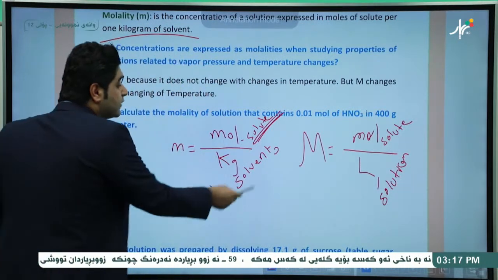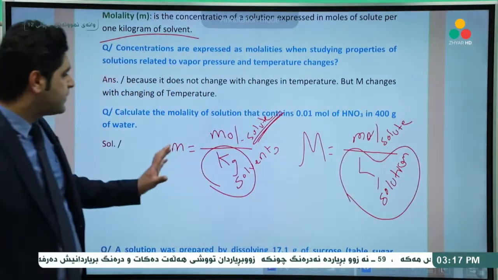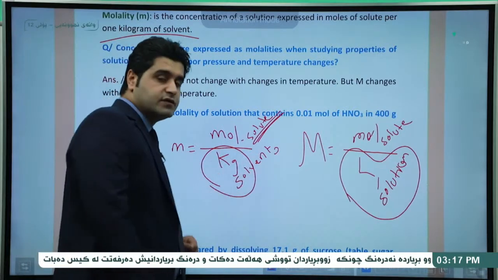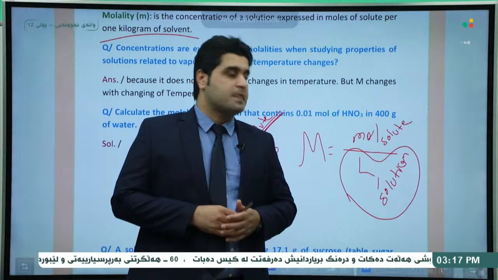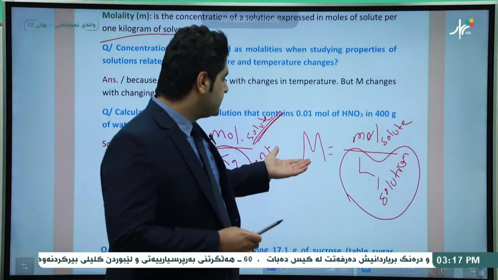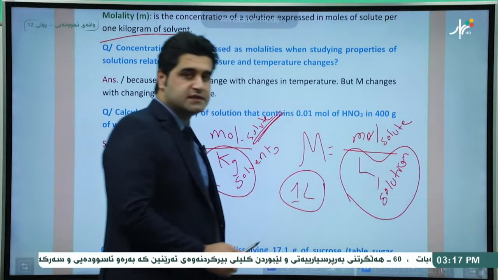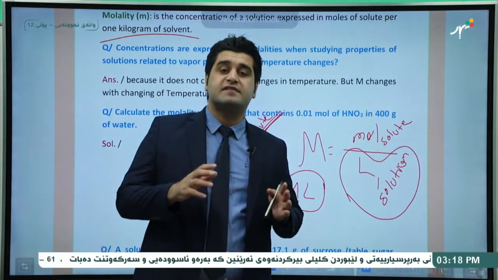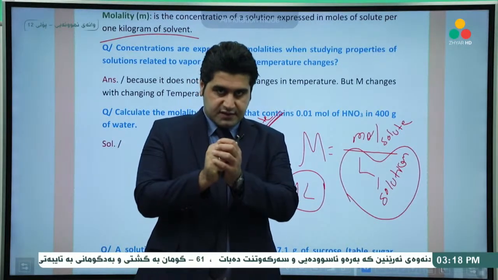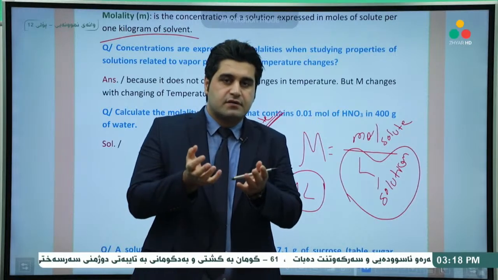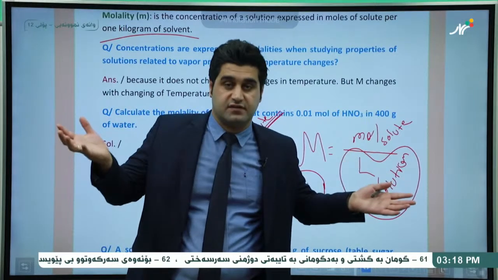Look, in here we have a kilogram, but in here we have a liter. Okay, let's talk about volume and kilogram. If we have something that has a volume of 1 liter, in winter we know things can contract, so the volume will be decreased, and in the summer the volume can expand, so the volume will be increased.